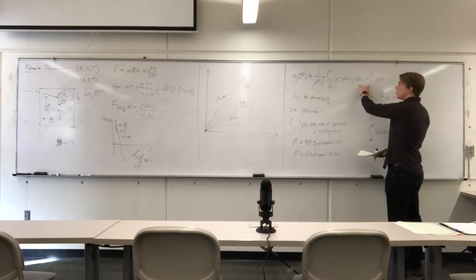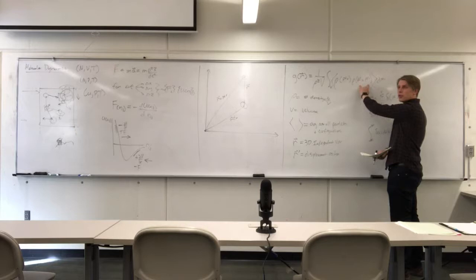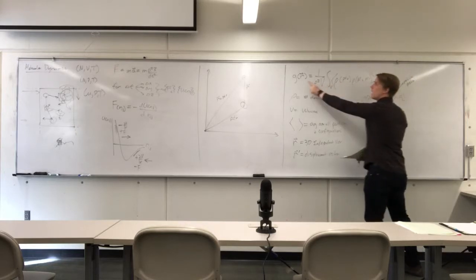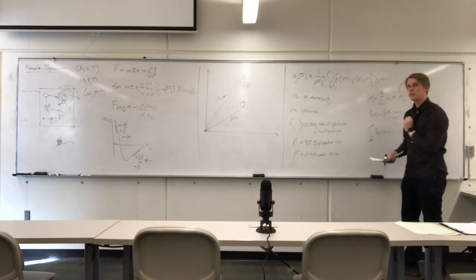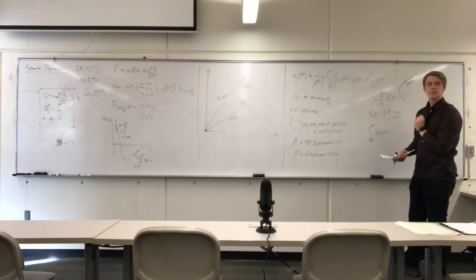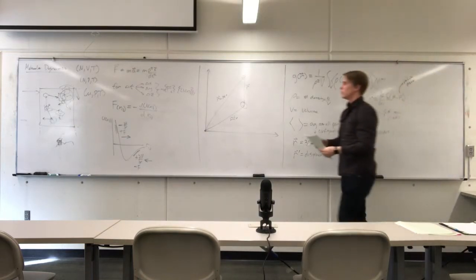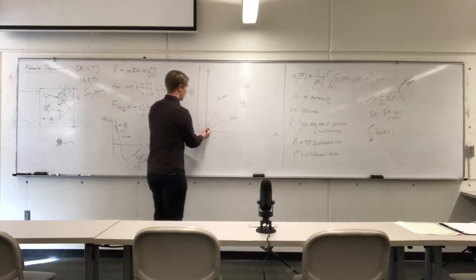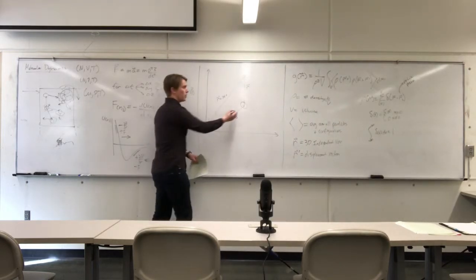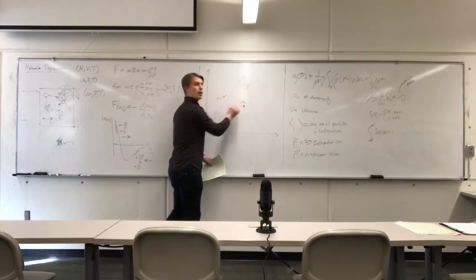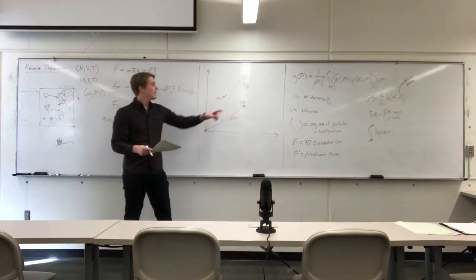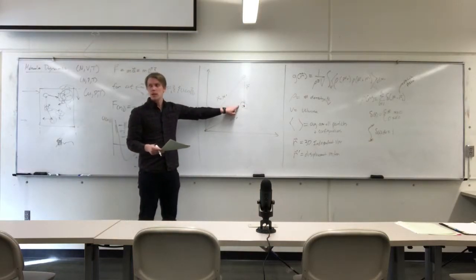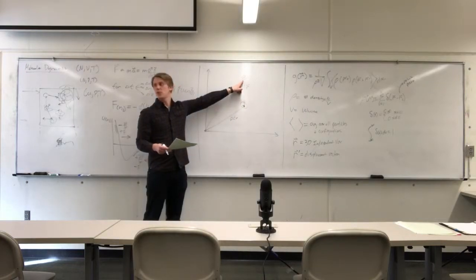The problem is, do we also have another particle that is vector r away from the other particle? So what this is saying is that what we're really interested in is not where this particle is located. That's not what we care about. What we care about is, is there another particle a given distance away?